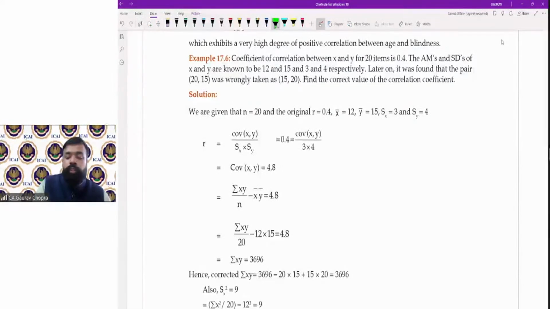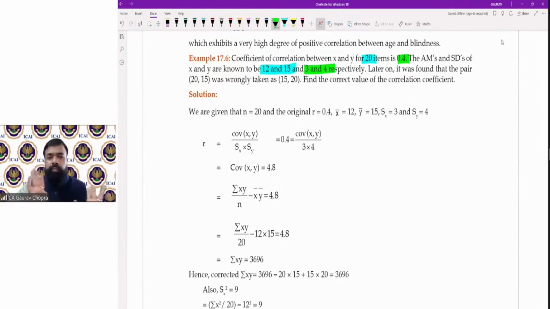So 0.4 is basically the correlation and 20 is N, number of observations. Arithmetic mean and standard deviation of X and Y are known to be 12 and 15 and 3 and 4 respectively. So 12 and 15 denotes arithmetic mean of X and Y. 3 and 4 denotes standard deviation of X and Y.